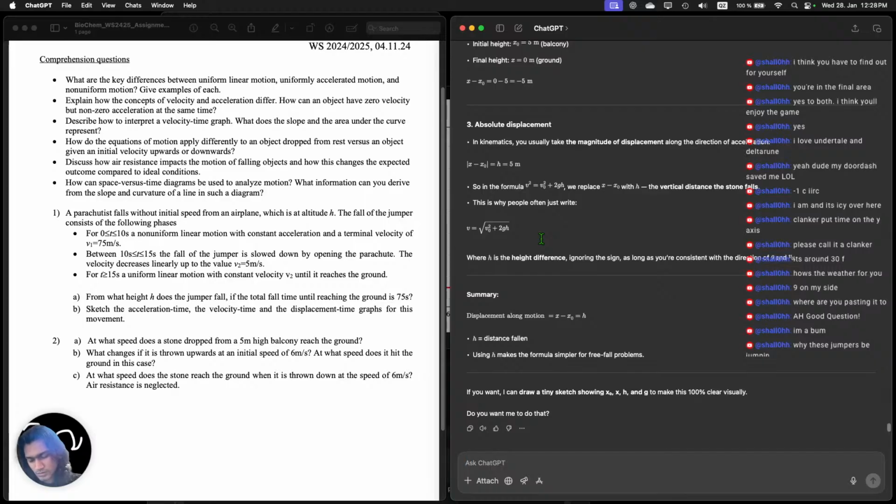Because x is still x equals ut plus half g t squared. Here, is x displacement or distance?